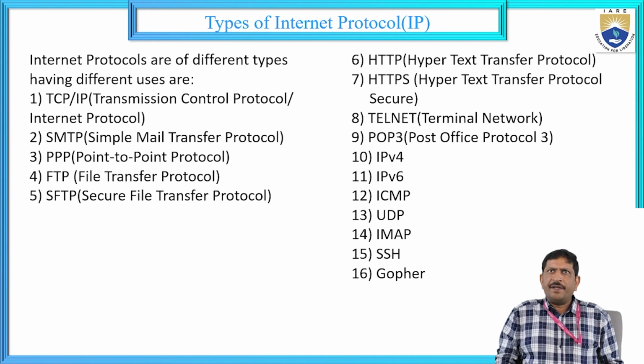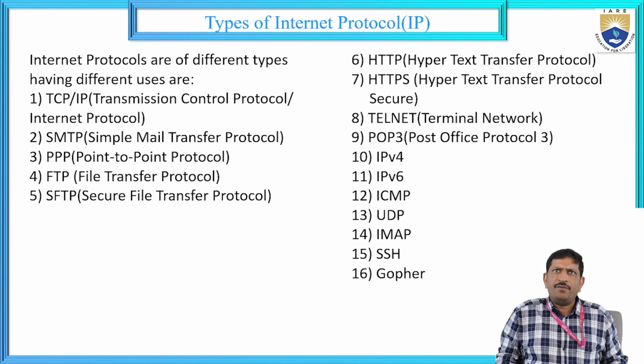Types of internet protocols, types of IP protocols. Internet protocols are of different types having different uses, which are TCP/IP. TCP means Transmission Control Protocol. IP means Internet Protocol.